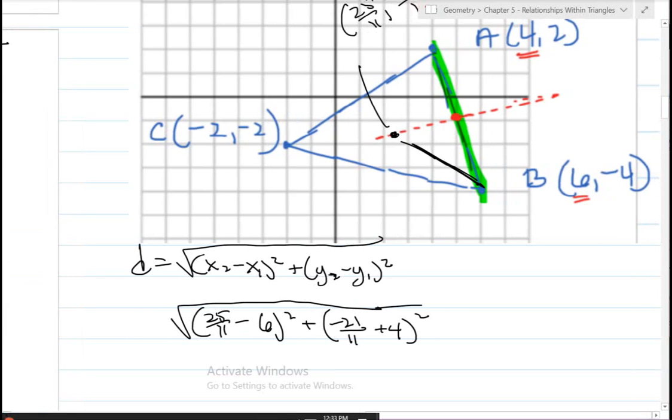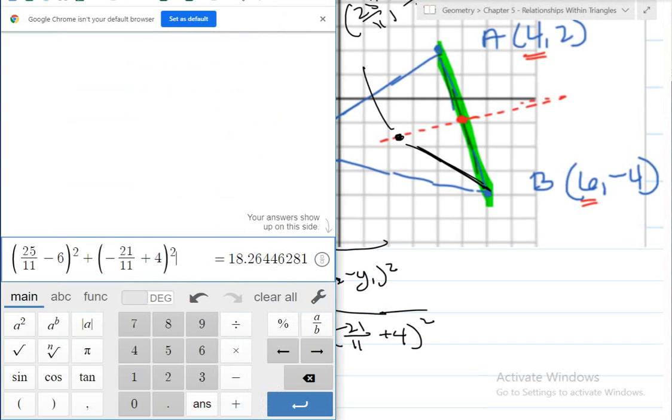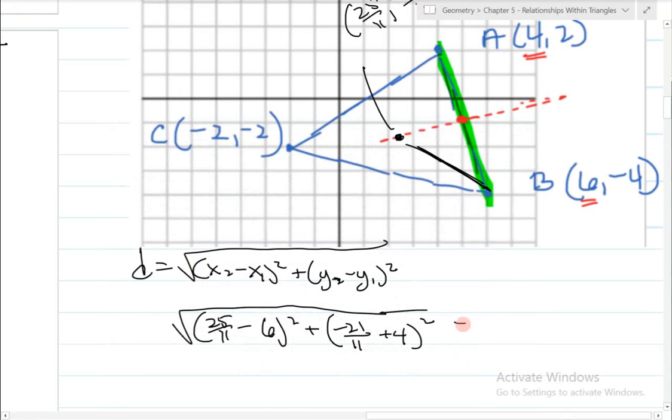Okay, I just want to make sure it was plus 4. Most of your calculators are going to give you that back as a decimal and have no ability to change it. Desmos has this little bubble here. You can change it to a fraction. So that right there, the square root of 2210 over 121, is that distance right there.